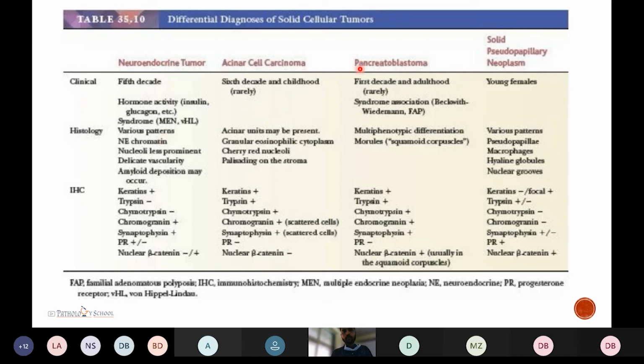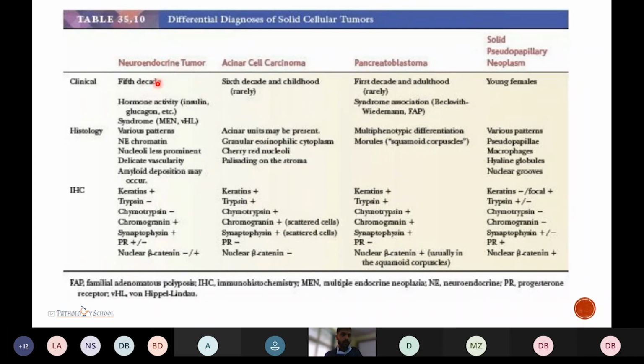Now, coming to the differential diagnosis of pancreatic neuroendocrine tumor, it includes basically all the primary pancreatic neoplasms, which are acinar cell carcinoma, pancreatoblastoma, and solid pseudopapillary neoplasm. So we'll just see the main points about this.